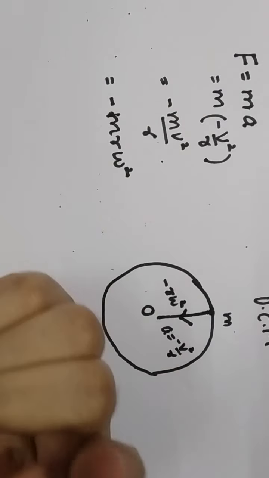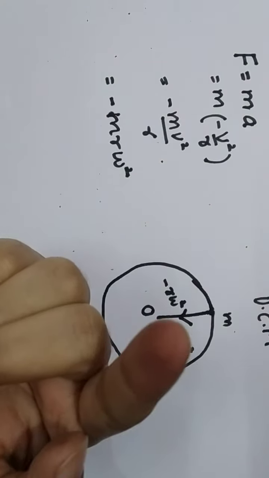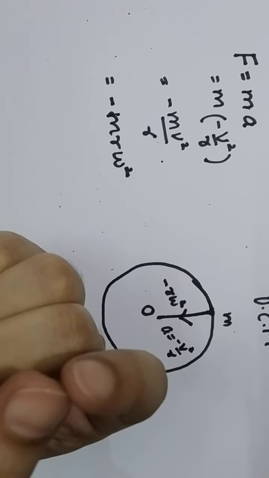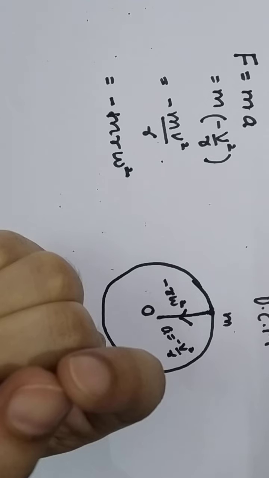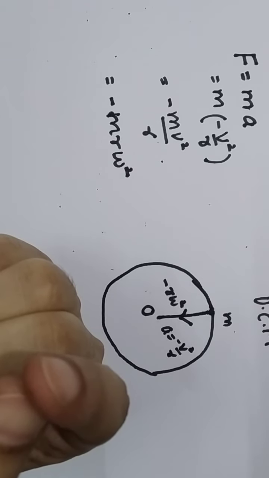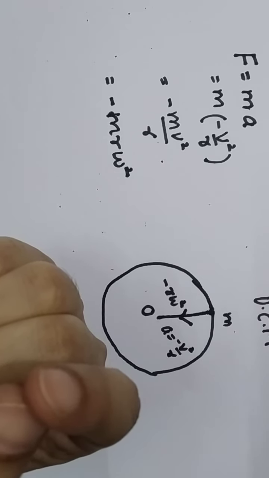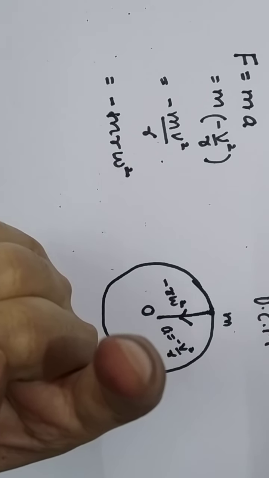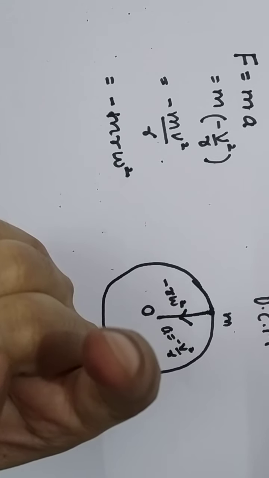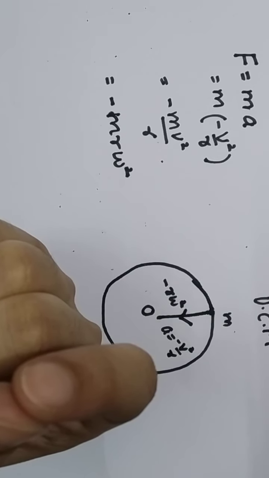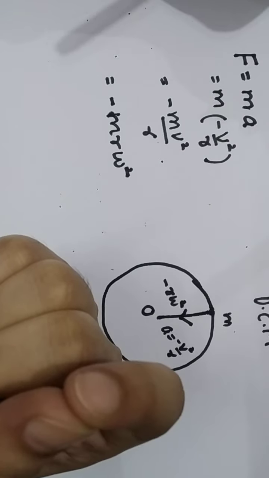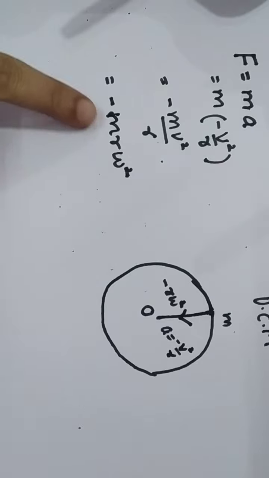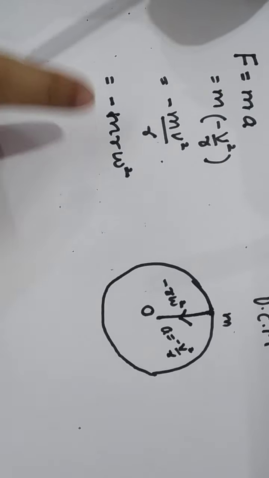Obviously, while moving a stone in a horizontal circle, I will feel a thrust towards the center. Along the string, I will feel one kind of force on the tip of my finger. Because of the circular motion, I will feel the force at the center. What is the meaning of this force? Obviously, this force experienced by me is nothing but minus m r omega square.